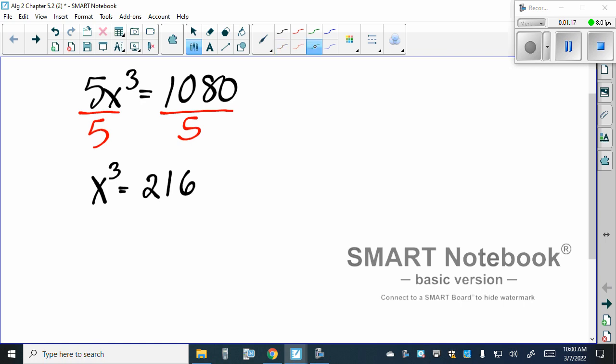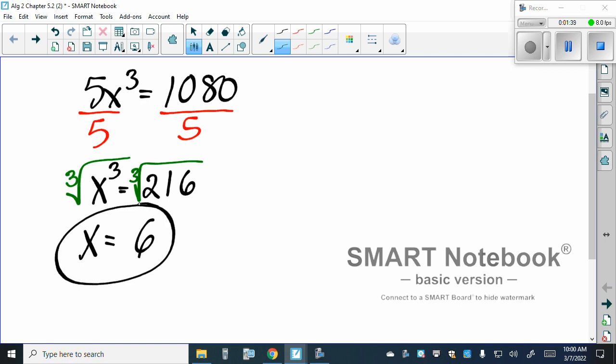Now at this point, to get rid of the 3, we need to take the cube root of both sides. The cube root of x cubed is x, and that is equal to 6. Now, this here is the answer.